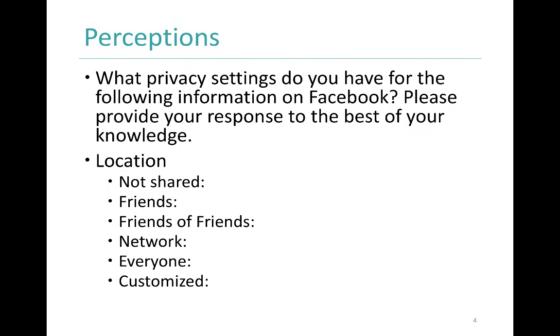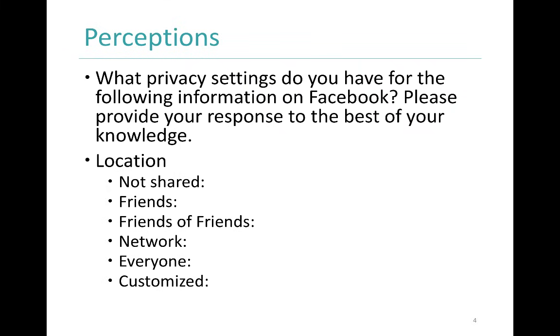The question reads: what privacy settings do you have for the following information on Facebook? Please provide your responses to the best of your knowledge. Location: not shared, friends, friends of friends, network, everyone, and I've customized it. Those are the different options given for the question.